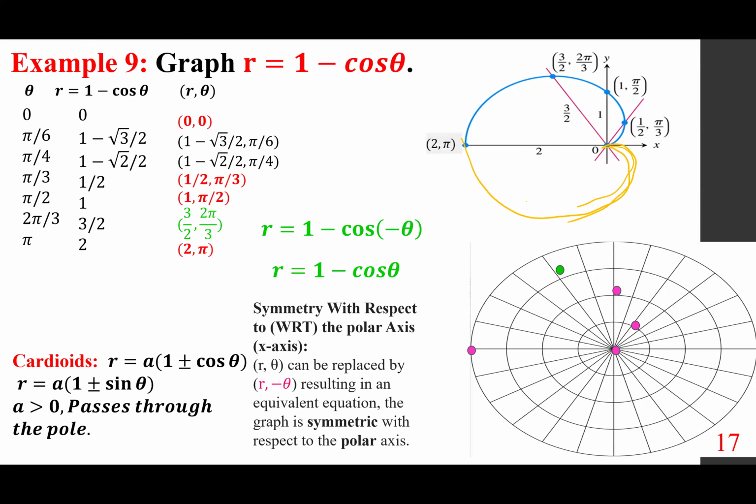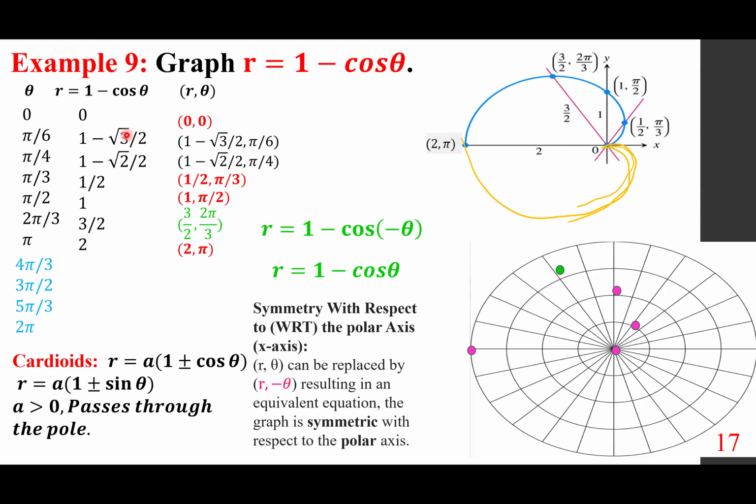You can stick with symmetry, or you can pick up points and add points. For example, 4 pi over 3 has the same reference angle as pi over 3. In the third quadrant, that means cosine is 1/2 and it's negative. So 1 minus negative 1/2 makes it 3/2.